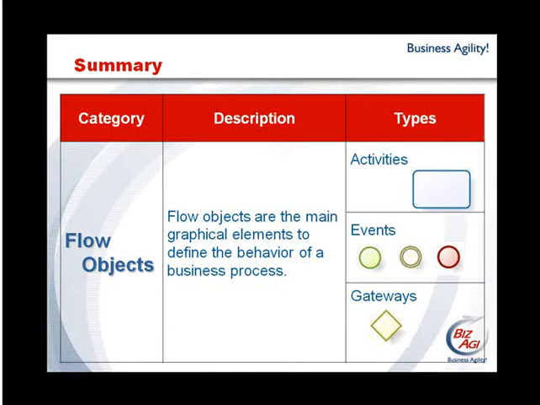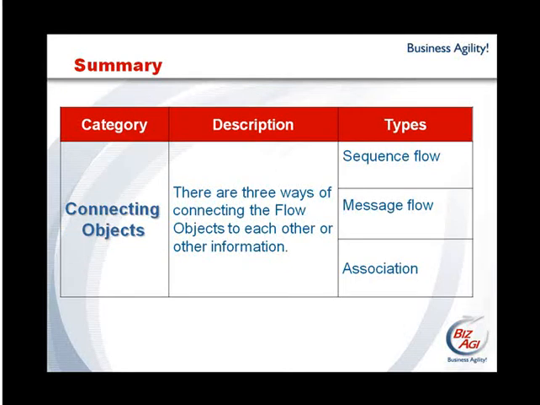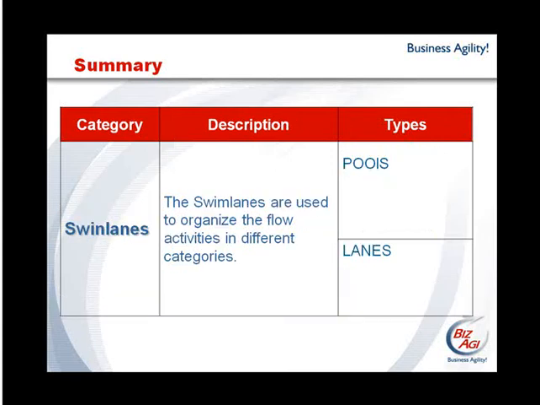Within the second category, we find the connecting objects. Within the connecting objects, we see sequence flows that are used to represent the sequence of the flow objects, i.e. activities, events, and gateways. We can also see the message flows that are used to represent the interaction between different pools, and the associations that are used to associate data objects and notations. Later, we will have swim lanes, where we find the pools and lanes.